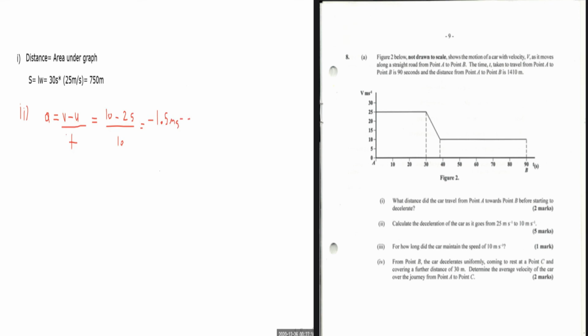So the deceleration is 1.5 m/s squared, or 1.5 ms to the minus 2. Nice. That's a whole of 5 marks. It says, for how long did the car maintain a speed of 10 meters per second?